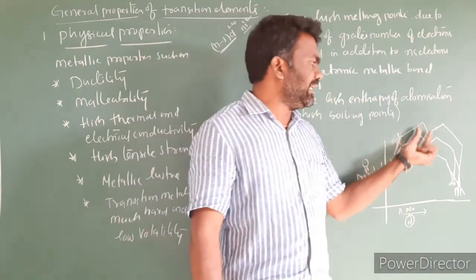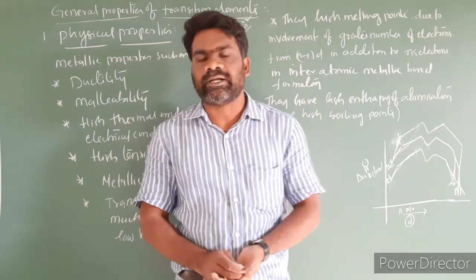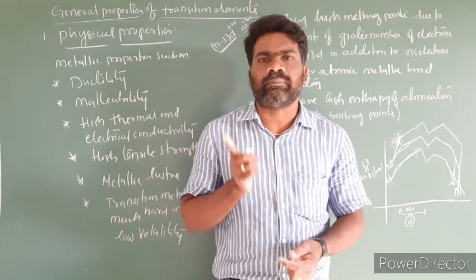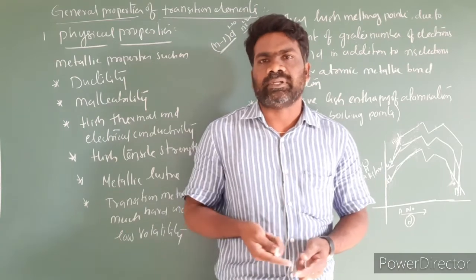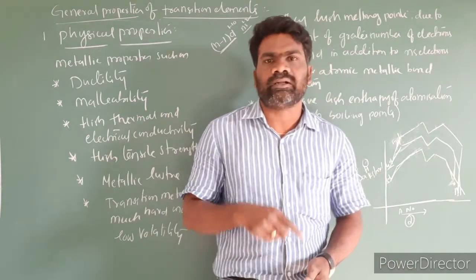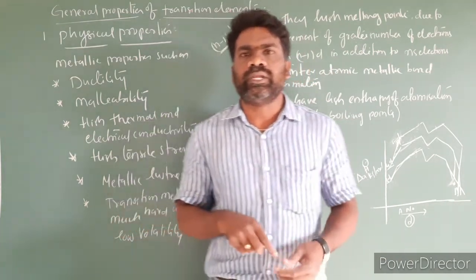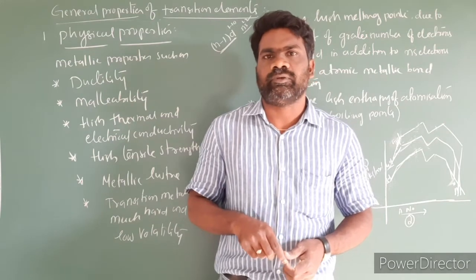The maximum at the middle of each series indicates the presence of one unpaired electron in each d orbital, which is favorable for strong interatomic interactions.